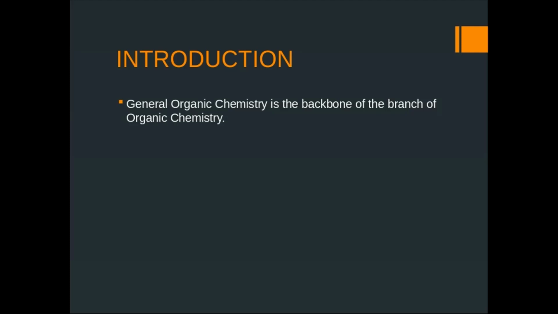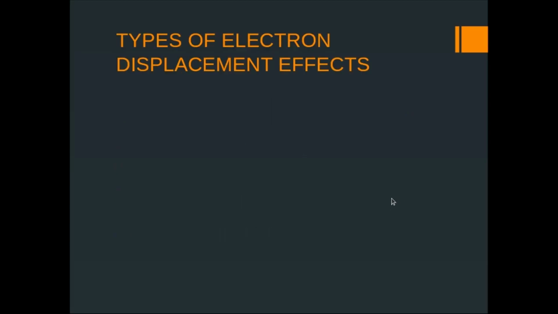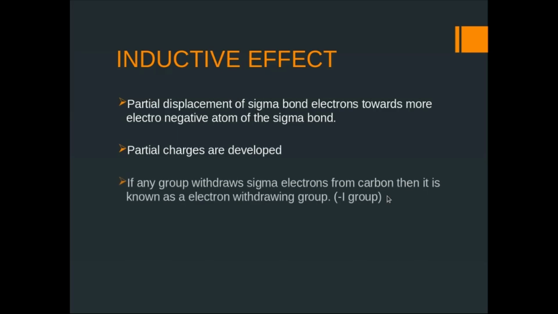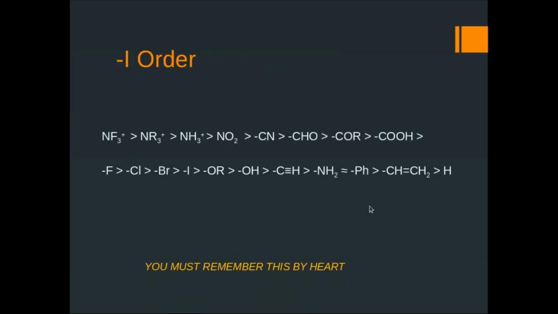We have also seen the minus I order of different groups. You can once more see it, and if anyone has missed taking the screenshot, please take it once more.